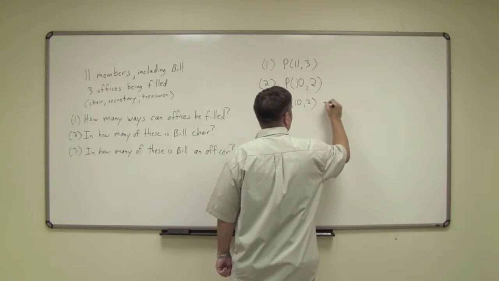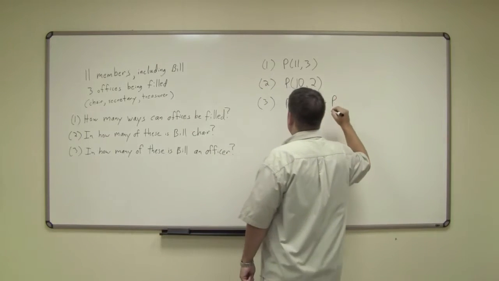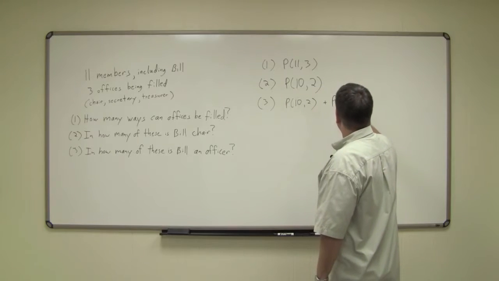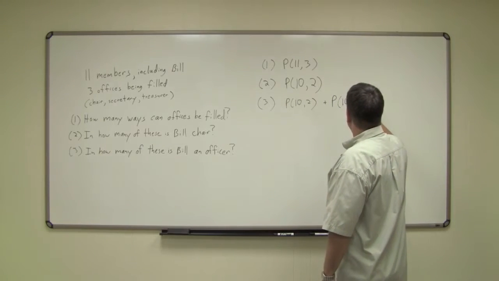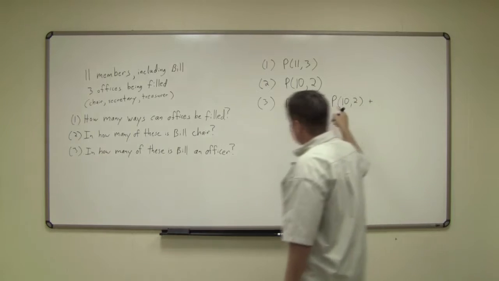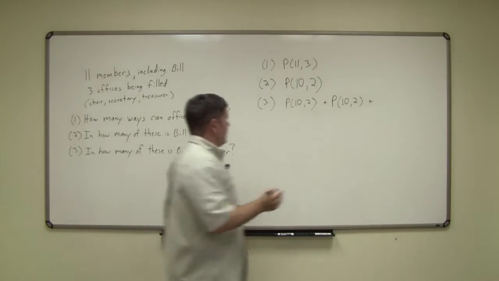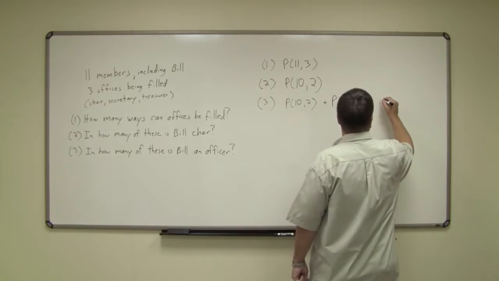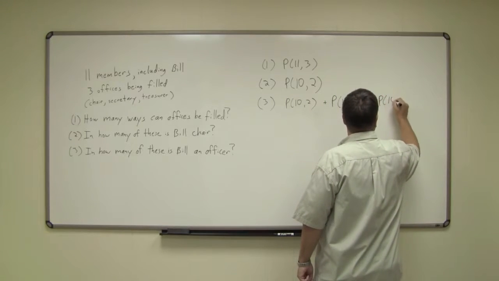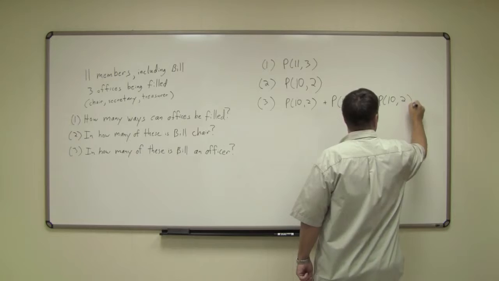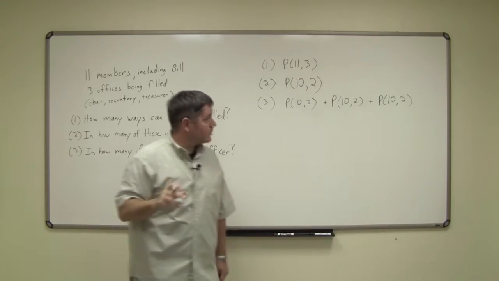Or maybe Bill's the secretary. If Bill's the secretary, again we would have 10 available people and we would need to choose 2 other people. Maybe Bill is the treasurer. And again, if Bill's the treasurer, there would be 10 remaining people and we'd need to fill 2 of these.